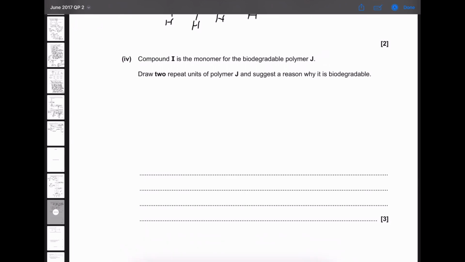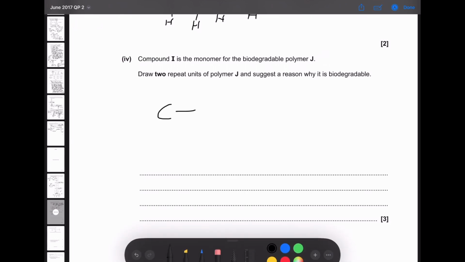So we've got C to C with an OH here, an H there, an H there. No, not an H there. Let me get rid of that. Double bond O here, and an OH here.